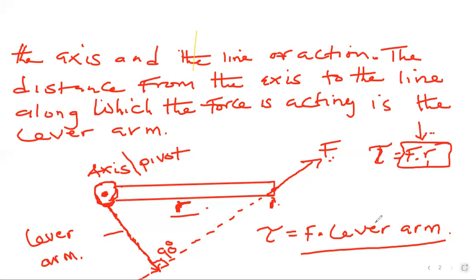So we should also note that we could have an angle at that point. If we have an angle at that point, it will bring us to the issue of component forces. We should be very careful in this case, whereby the force will have two components, the X component and the Y component.